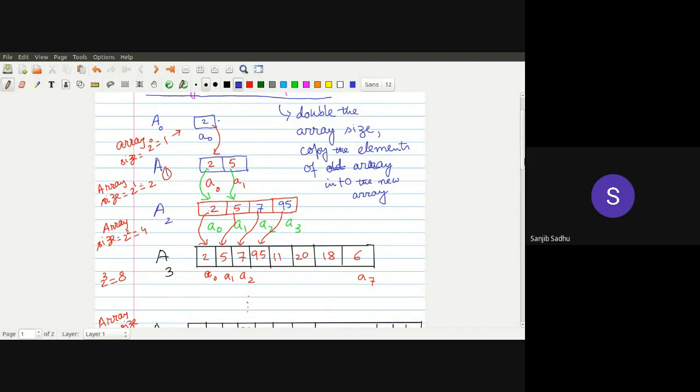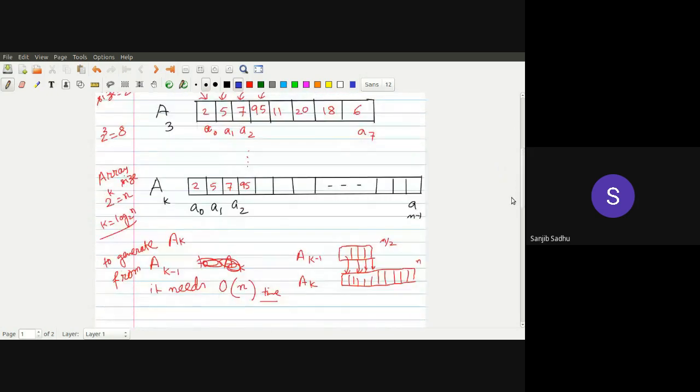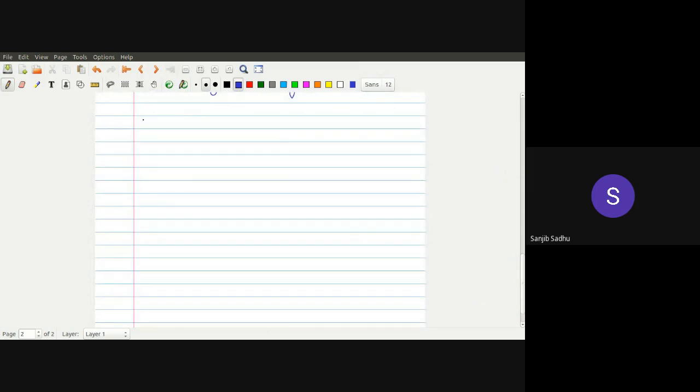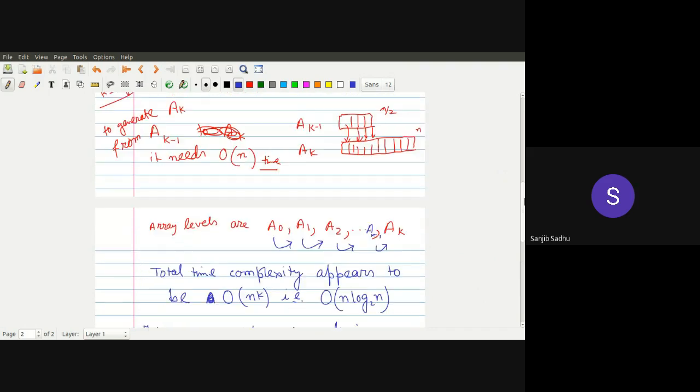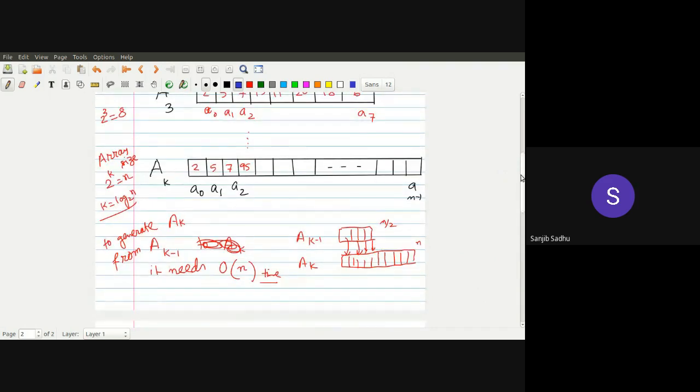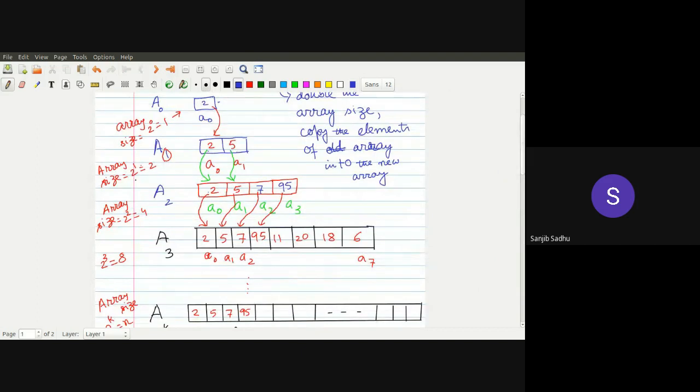So now the question is how many cells are there, means total cells. The total number of cells is equal to the summation of 2 to the power j, where j varies from 0 to k, because the first level contains 2 to the power 0 elements, then 2 to the power 1, then 2 to the power 2, which means 4 elements, then 8, 2 to the power 3.